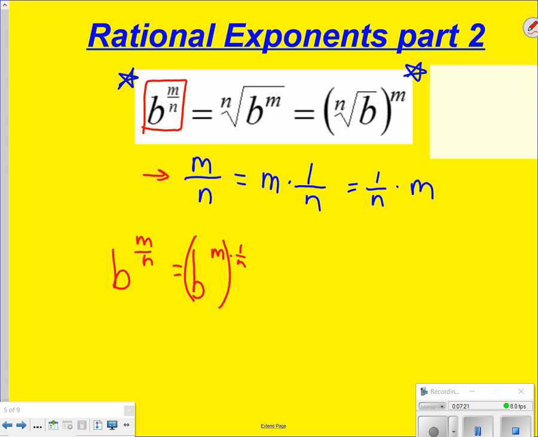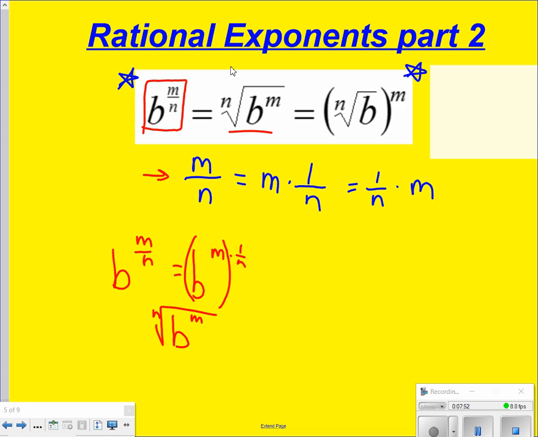B to the m times the nth root, right? So simplifying this, I've got in my parentheses just b to the m. And then I've got that whole thing to the 1 over n power, which we just learned means turn it into this rather. You're finding the nth root of b to the m. And that is the first one you see here. All right? Let's do it the other way too.